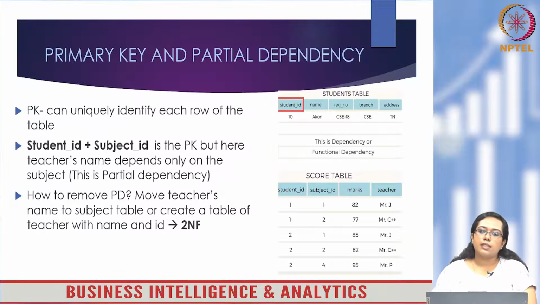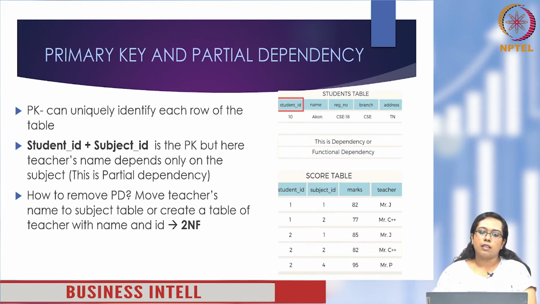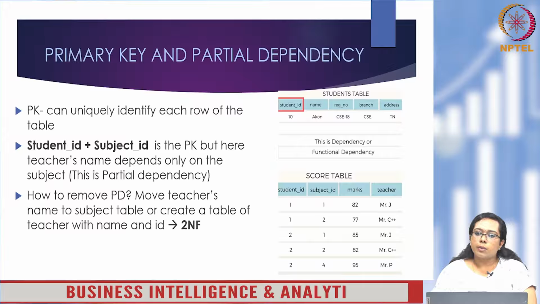Before discussing dependency, we will see what are primary and non-primary attributes, or what we call prime and non-prime attributes. Prime attributes are those attributes which are present in the primary key, and non-prime attributes are the attributes that are not present in the primary key. For example, see the score table.